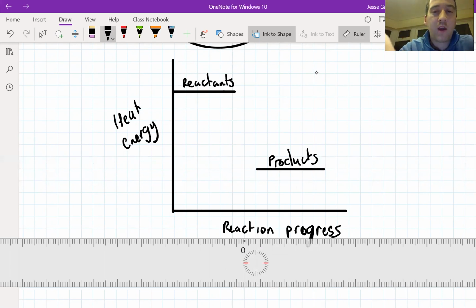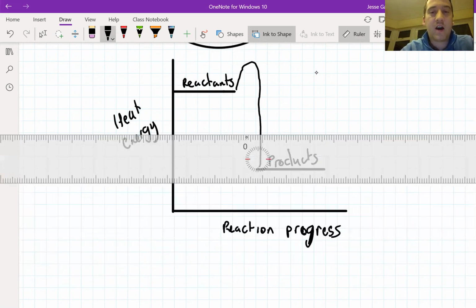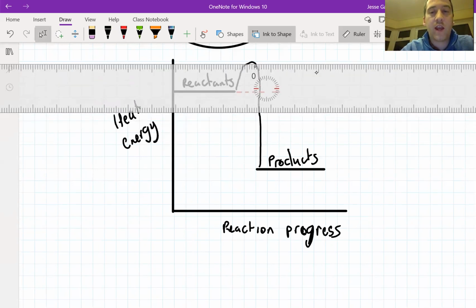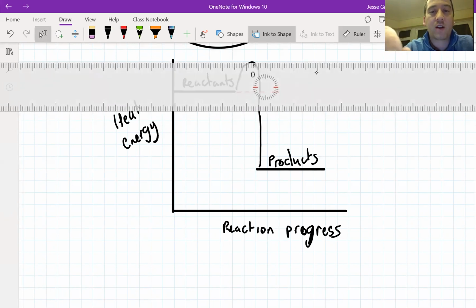Now, in between, we have this arch. Obviously, you can see that the energy increases before the reaction can form the products.